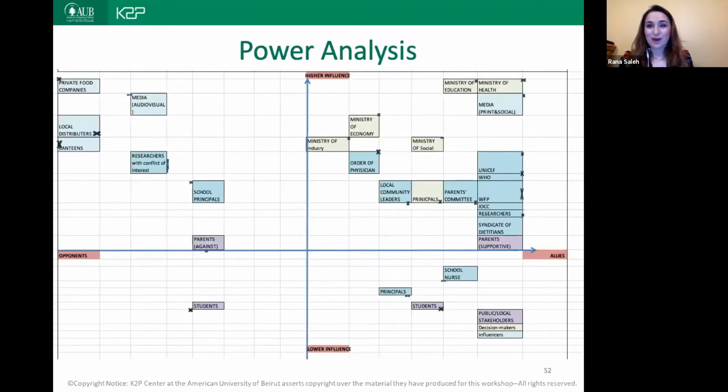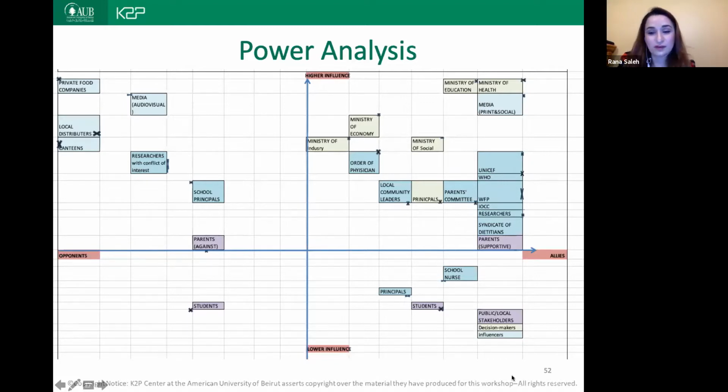Now it's time for the power analysis, moving forward into analyzing the stakeholders. And this is really the most fun part, at least for me. This is one of the power analysis activities that we've done for this situation.